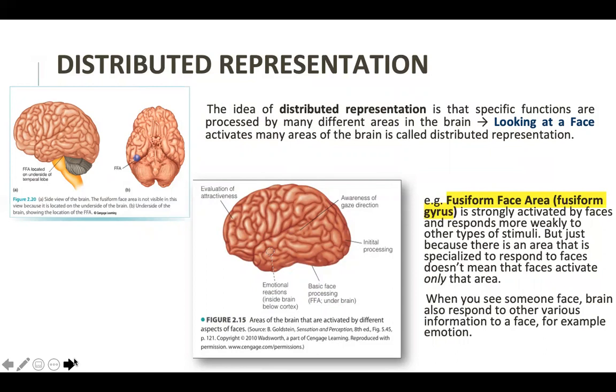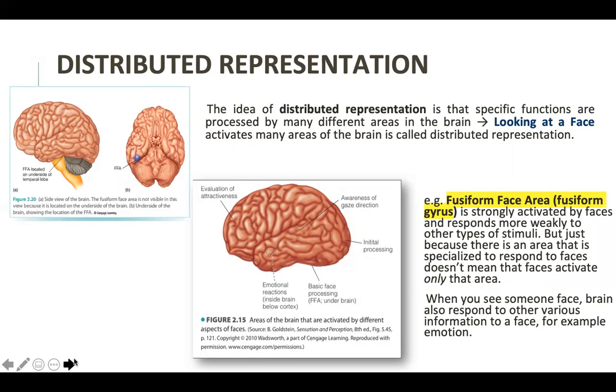The idea of distributed representation is that specific functions are processed by many different areas in the brain, not only one part. Looking at a face activates many areas of the brain, which is called distributed representation. For example, the fusiform face area, or fusiform gyrus, that we talked about earlier, is strongly activated by faces and responds more weakly to other types of stimuli.